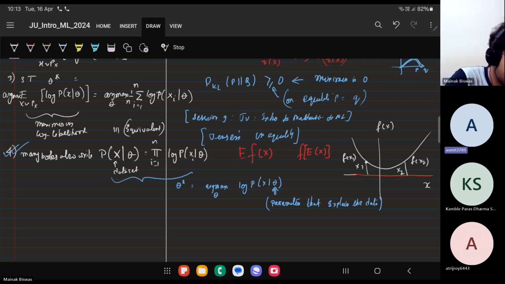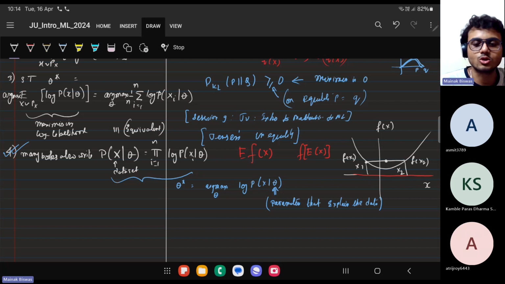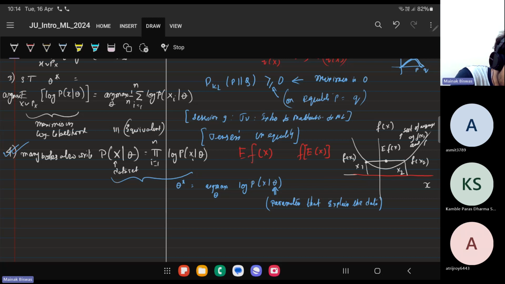Am I audible? Yes, sir. So now what can we say? The average of f(x1) and f(x2), that is the expected value of f(x), is sort of the average of f(x1) and f(x2). This is the exact intuition you use to prove Jensen's inequality. You can see the average of them has to lie above the function value at the average, yes or no?